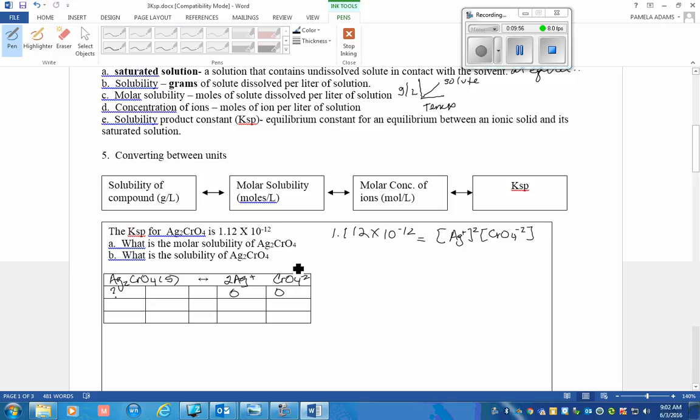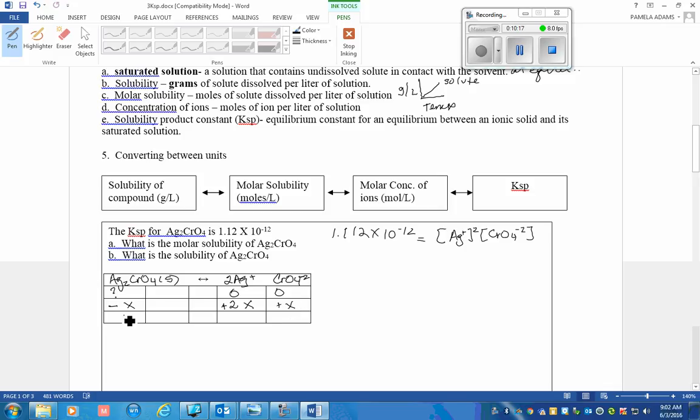In order for equilibrium to occur, for every one of these that dissolves, two ions will be formed of silver and one ion of the chromate.